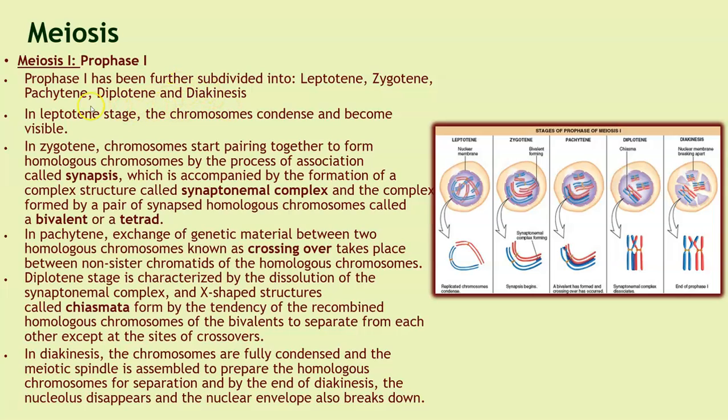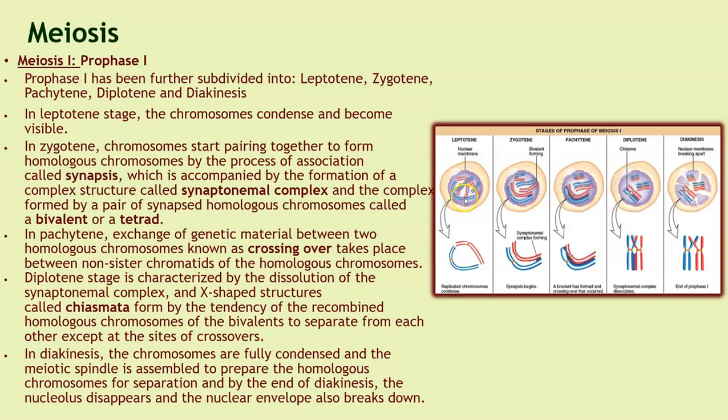Let us have a look at what happens in short in each of these stages. In the leptotene stage, the chromosome condenses and becomes visible. So you can see here the nuclear membrane is there.